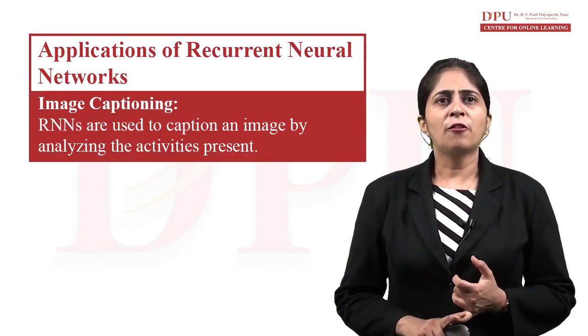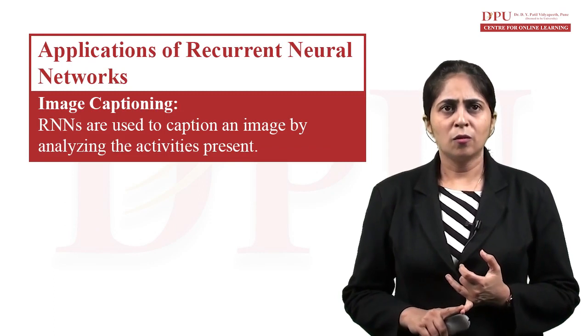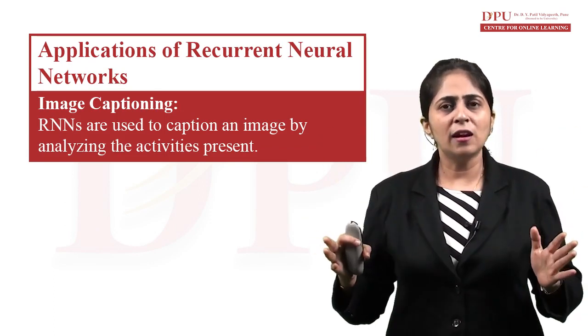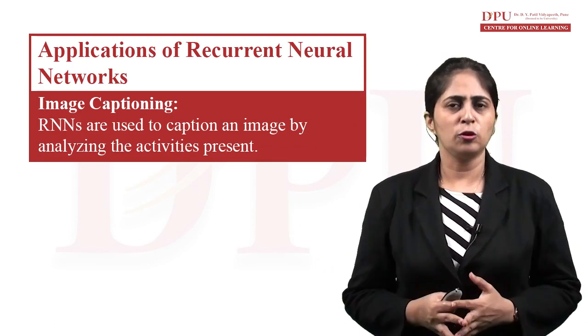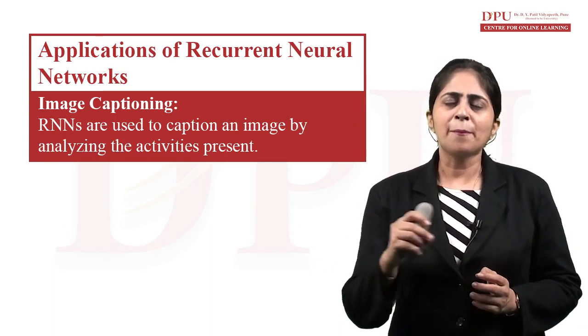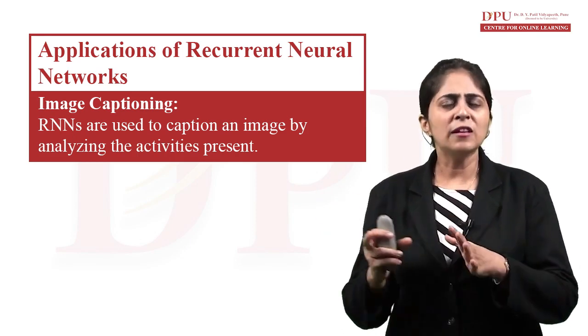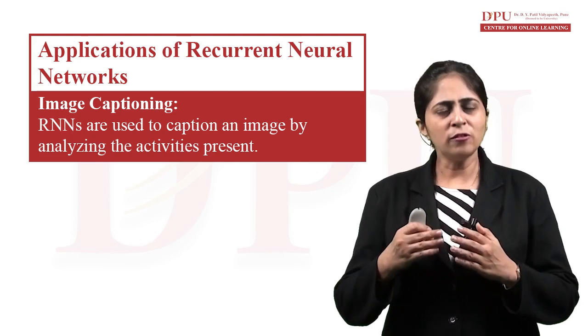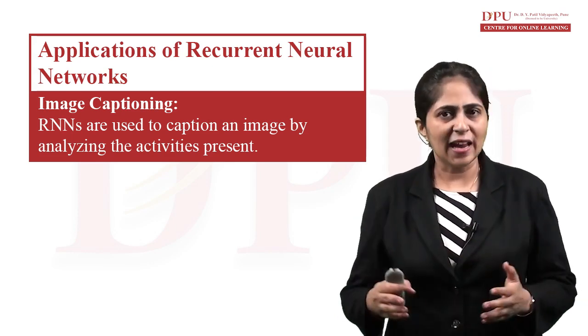The first one is image captioning. What is image captioning? If a particular photograph is shown to you, you can caption this photograph into some words. You can convert that pictorial data into words. That is called captioning.